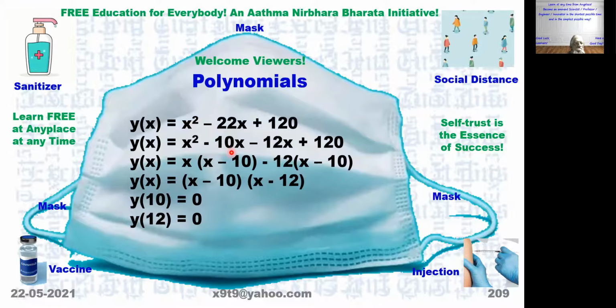So here we take x common factor, you get x minus 10, minus here 12 if we take, we get x minus 10. So x minus 10 into x minus 12. So these are the other two factors. First one we found x minus 1. The second and third factors are this.